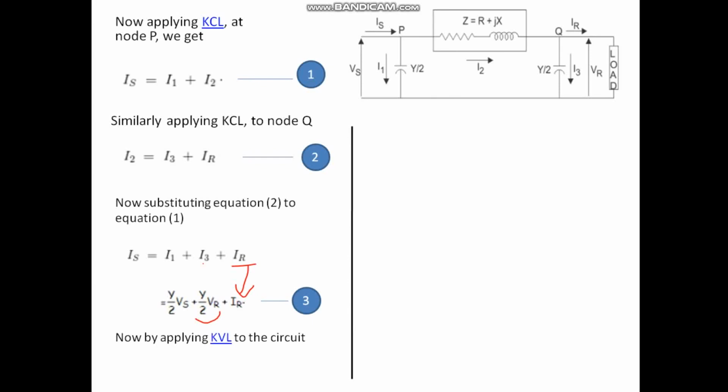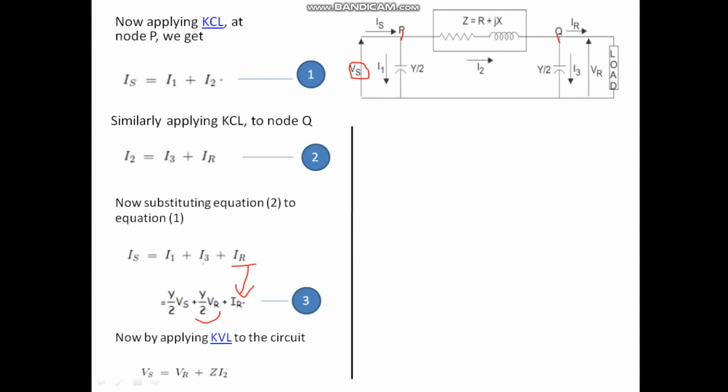Now I'll be applying KVL to the circuit. So what is Vs? It's my sending end voltage. So Vs is equal to VR plus drop across PQ. So drop across PQ is what? I2 into Z, right?